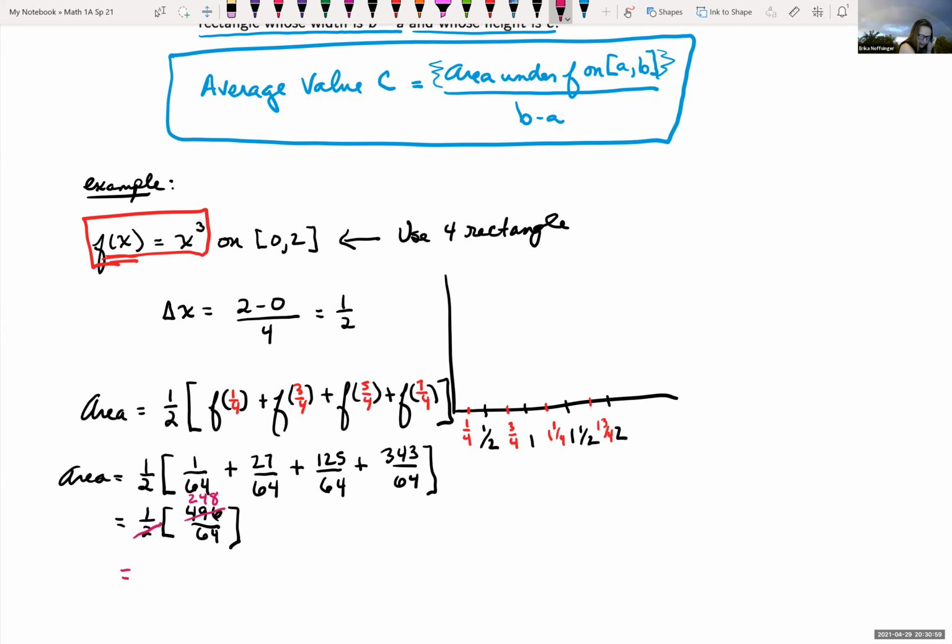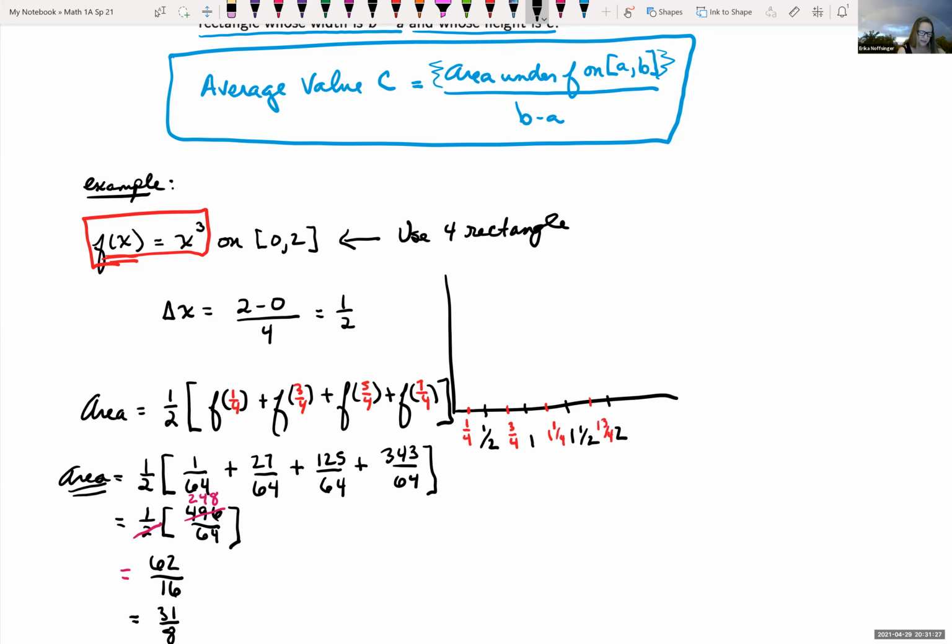I believe they both have 4 in common, at least. So 248 divided by 4 is 62, and 64 divided by 4 is 16. They have 2 in common, so 31/8.